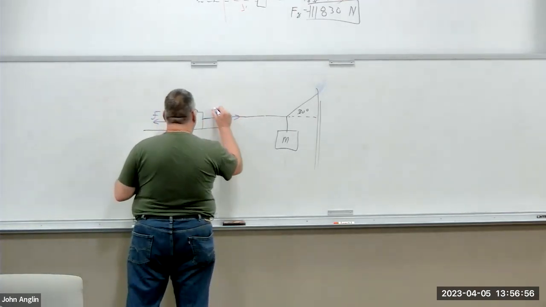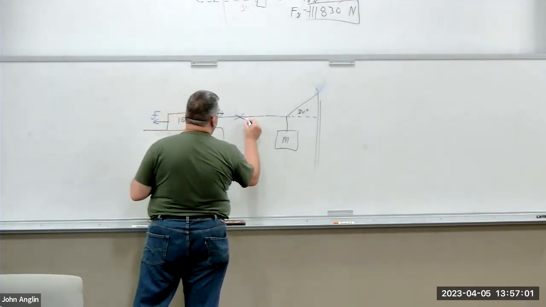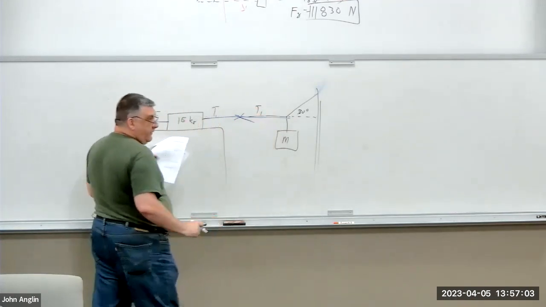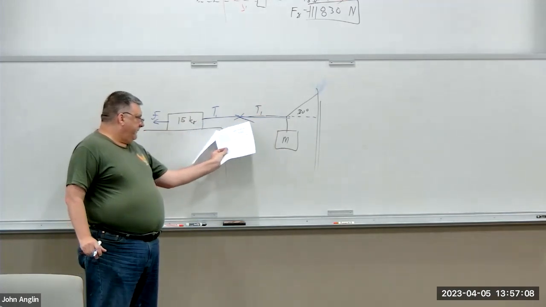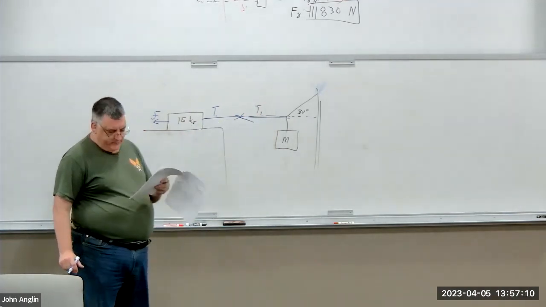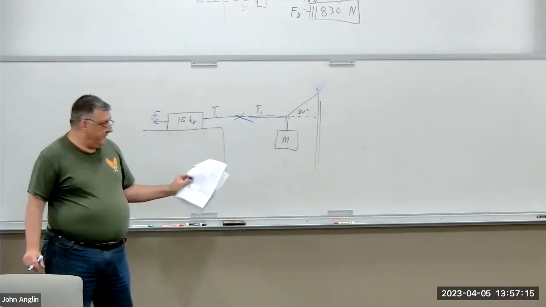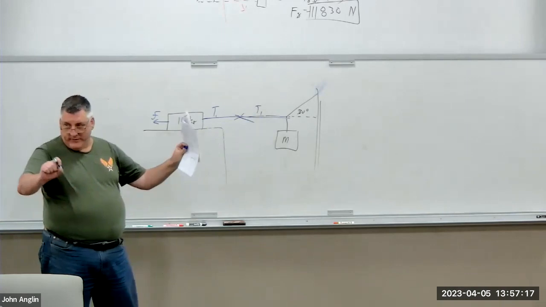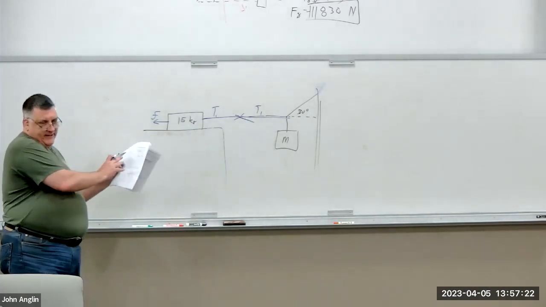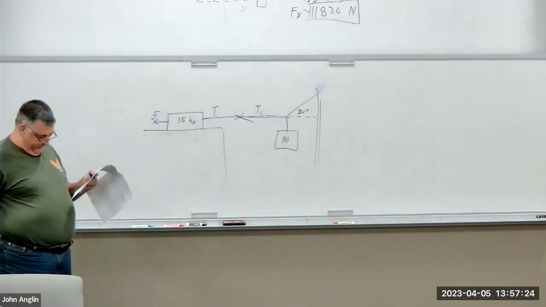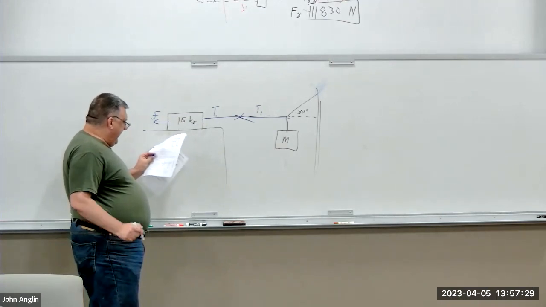We know that there's going to be a tension. Now, because we have another box out here, at some point, the direction of the tension is going to shift. But we know that they have to be the same, right? Because it's not possible to have this one rope under tension where it has some tension on one side and then arbitrarily a different tension on the other side. So those two have to be the same.